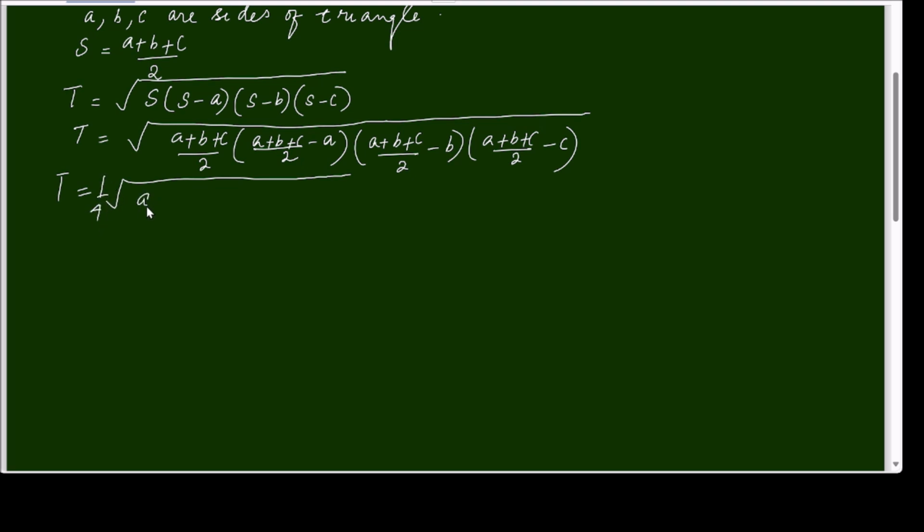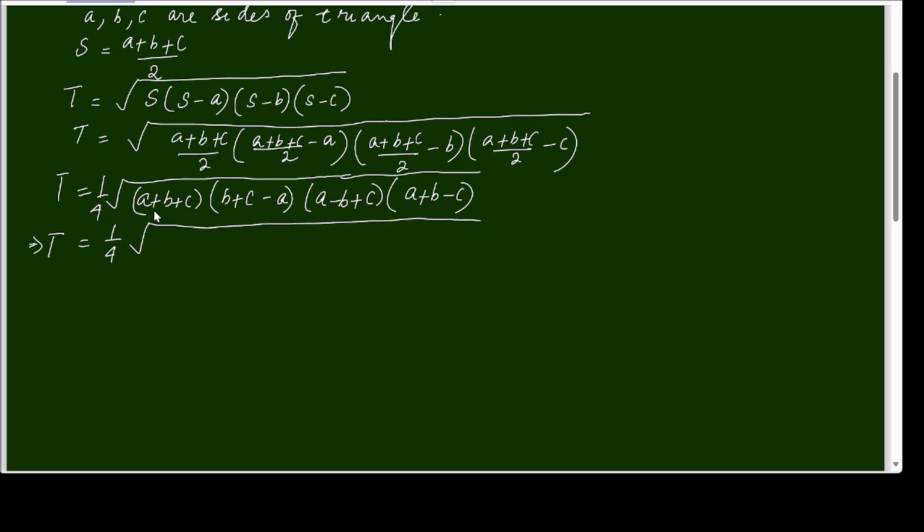So it will be A plus B plus C. If we simplify the second term, this will be A plus B plus C minus 2A, so I am getting B plus C minus A. And here, if we simplify, it will be A minus B plus C. And the last one will be A plus B minus C. Or T equals 1 by 4.